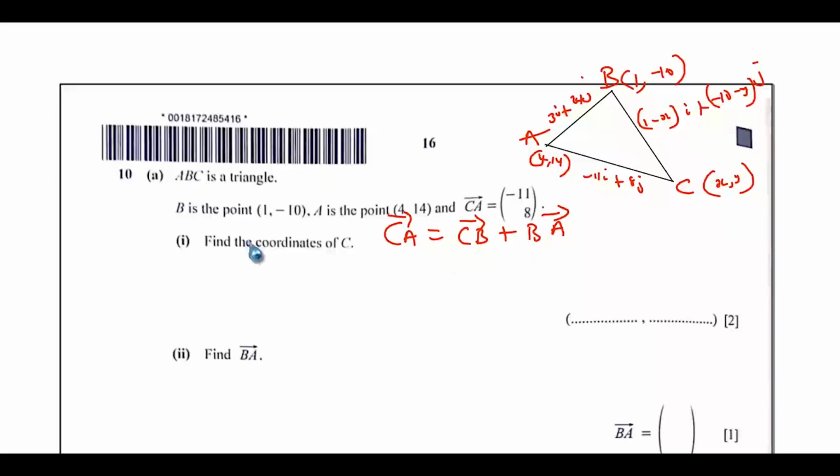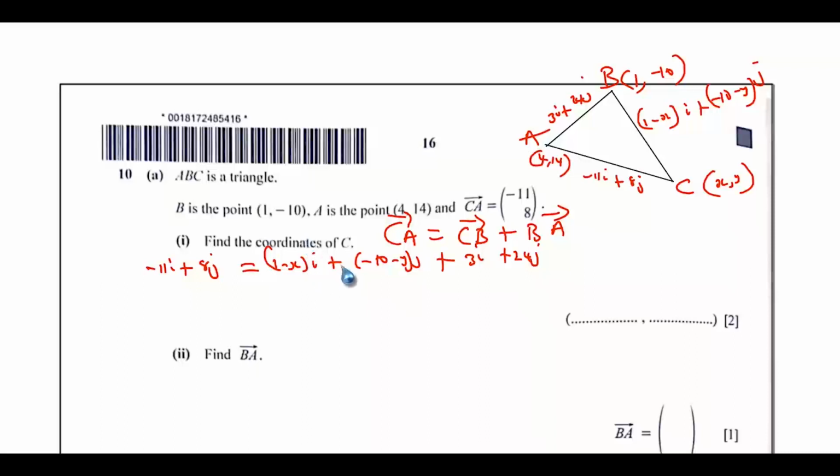So let's key in the values. CA will be negative 11i plus 8j, equal to CB, you have (1 minus x)i plus (negative 10 minus y)j, then plus BA, 3i plus 24j.